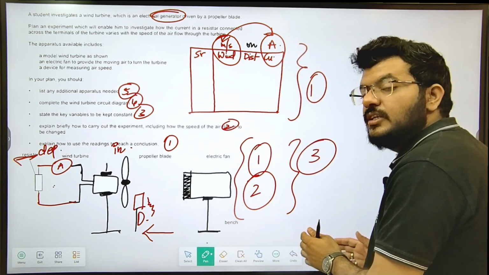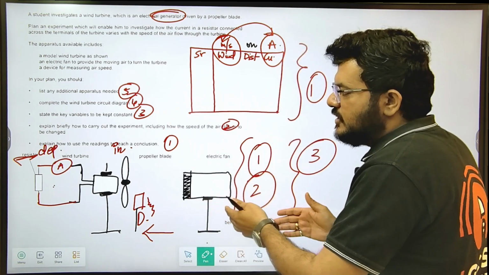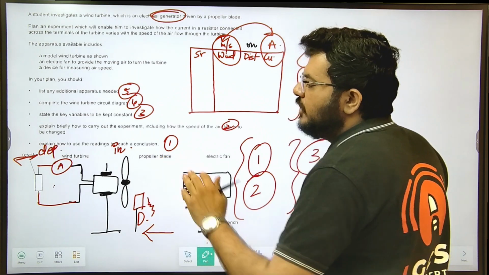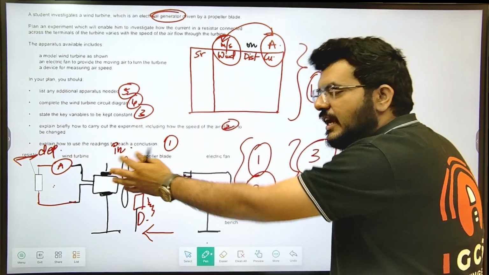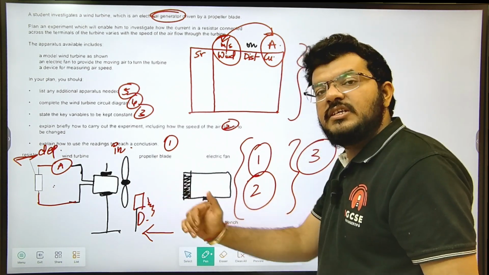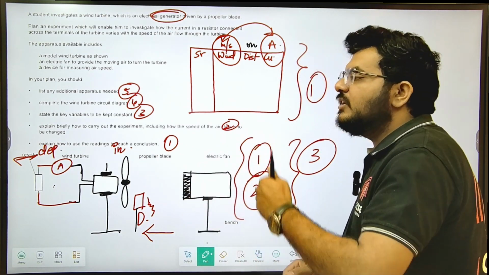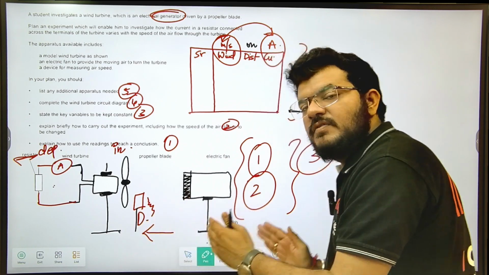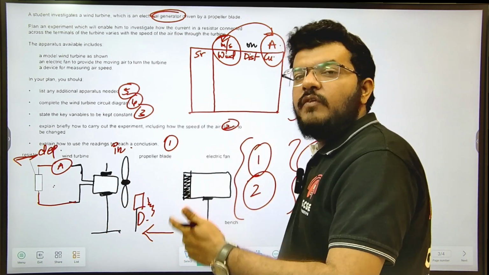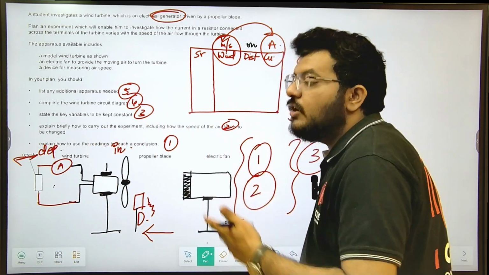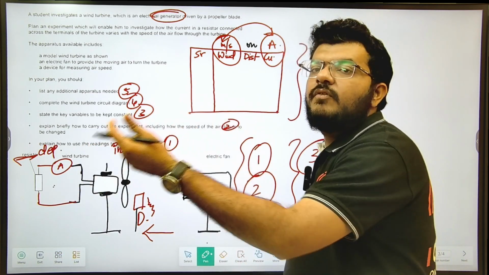Change the distance, increase the distance so that the wind speed will decrease. Measure the current. Do this thrice for each distance and measure current for 5 different distances with an increasing value of 30 centimeter or 40 centimeter or 1 meter.